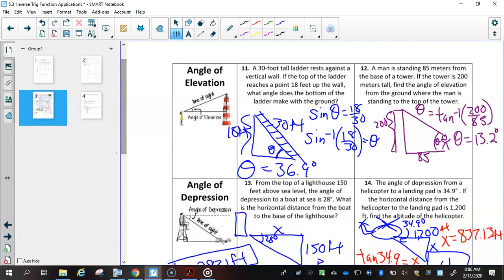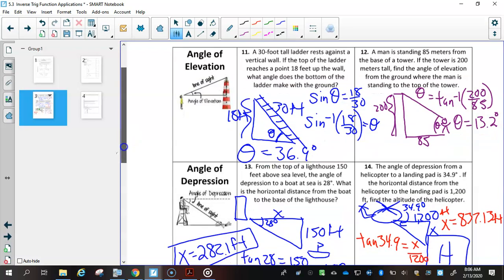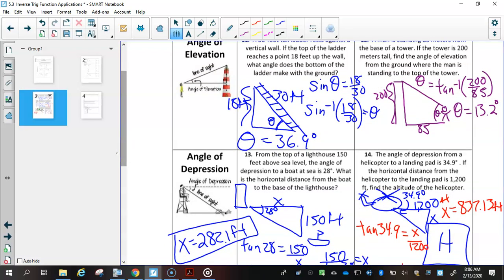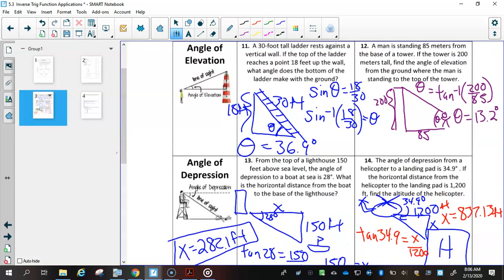Alright, the answers to these are on the board. 12 was 13.2. 13.9. I got 66.9. I got 67.0. What did you guys do? I did tan as what she said.